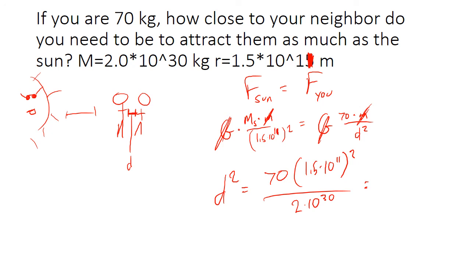So D is going to equal 8.87 times 10 to the minus 4 meters. That's going to be 0.8 millimeters, just so that you have a point of reference here.